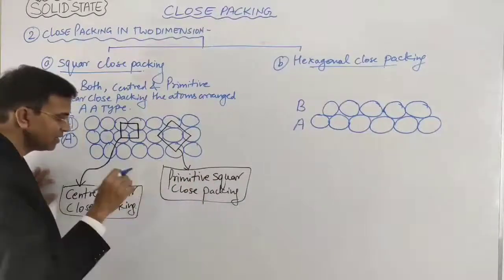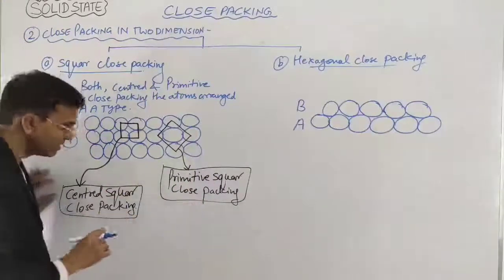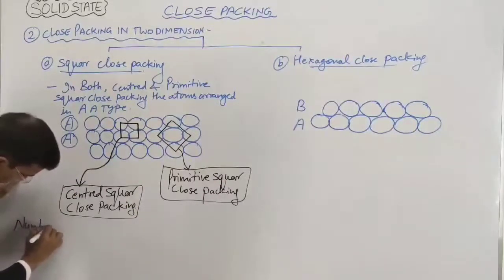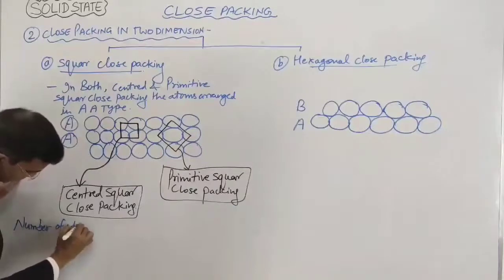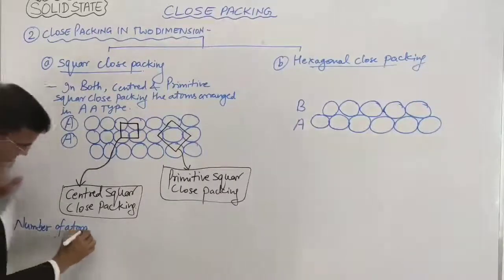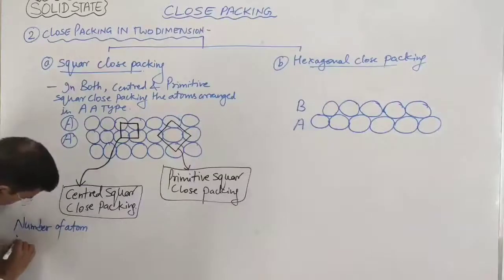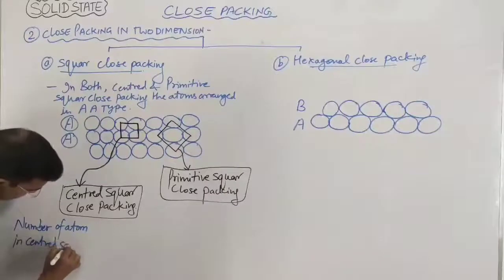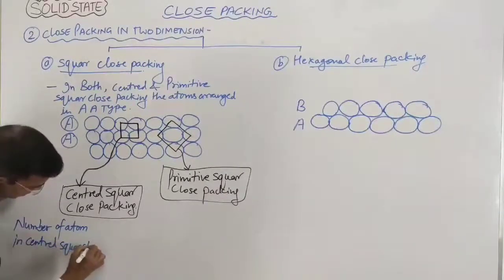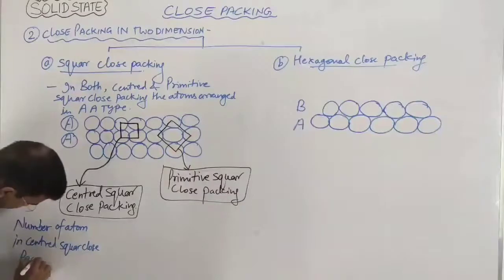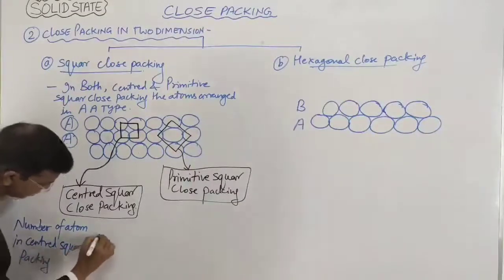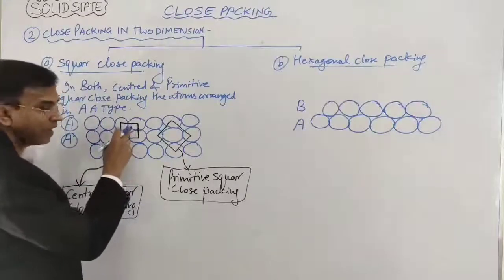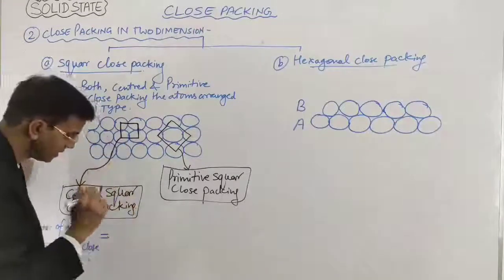The number of atoms taking part to form these types of packings: the number of atoms in centered square close packing is equal to 4 atoms participating with 1/4 part of one atom each, right?